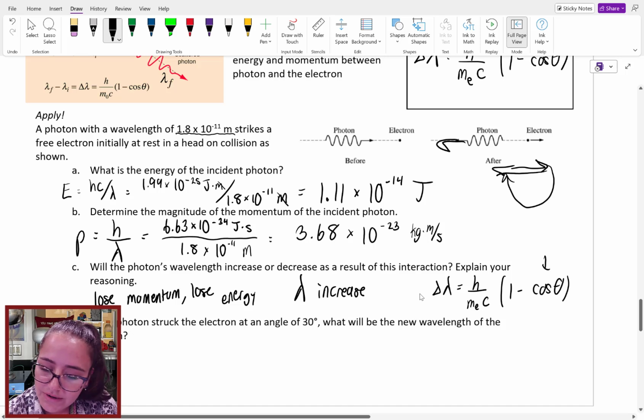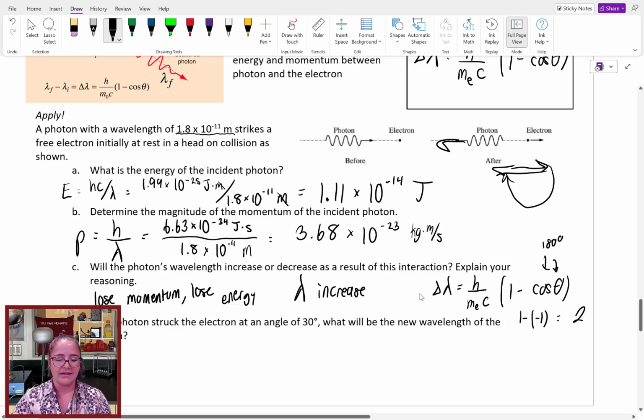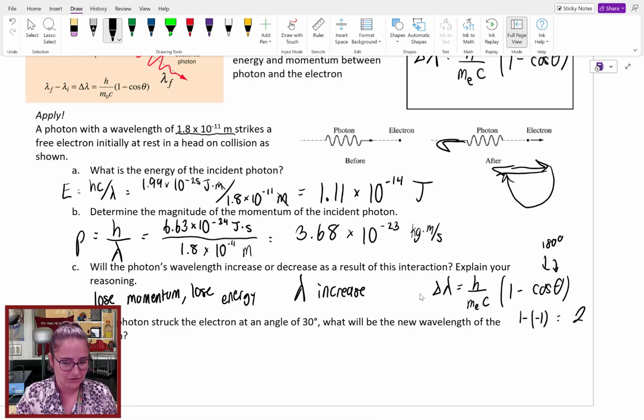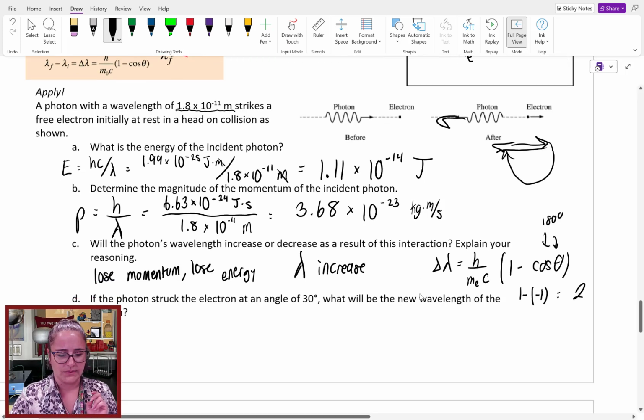So we would have 180 degrees in for that cosine of theta, which would be 1 minus negative 1, which is 2. So in those head-on collisions is when you're going to get the maximum change in that wavelength. It didn't ask us to calculate it, but we could if we wanted to. Let's go ahead and calculate the next one, though.